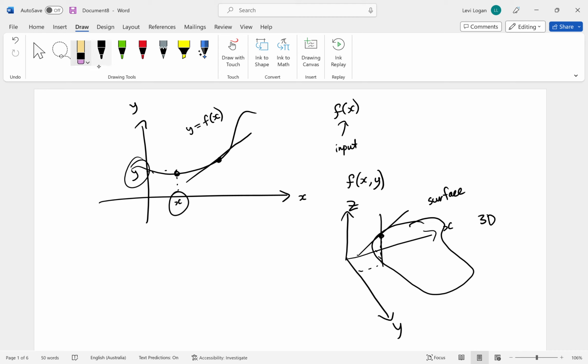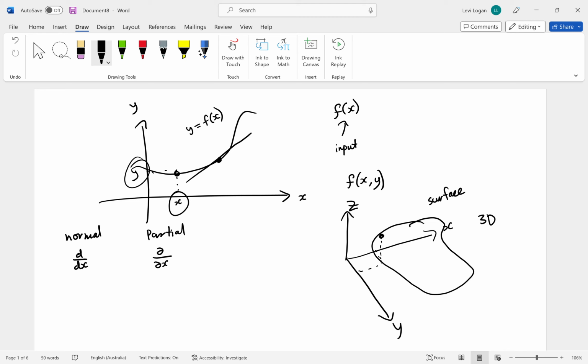And this is where this idea of partial derivatives comes in. With a normal derivative, we have d over dx. With a partial, we change the notation slightly. We use this kind of symbol here as partial.